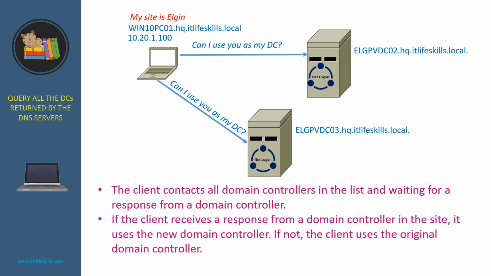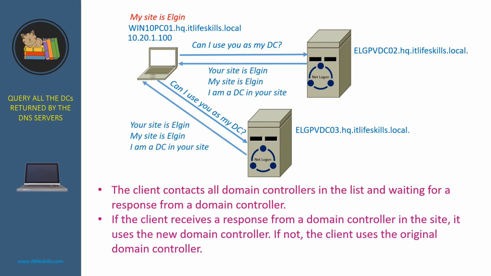If the client receives a response from a domain controller in the site, it uses the new domain controller. If not, the client uses the original domain controller. In this case, the client receives responses from both domain controllers in the Elgin site. However, it chooses to use LHPVDC02 because LHPVDC02 responds back to the client first.